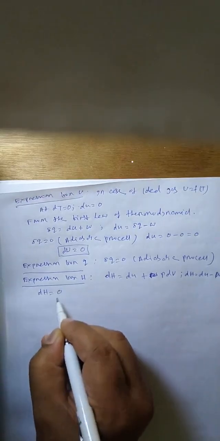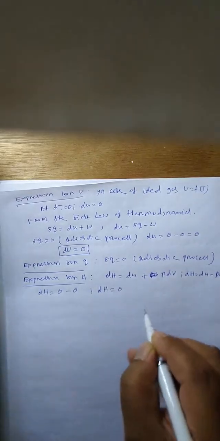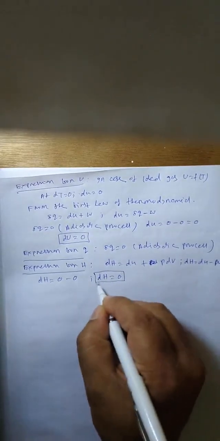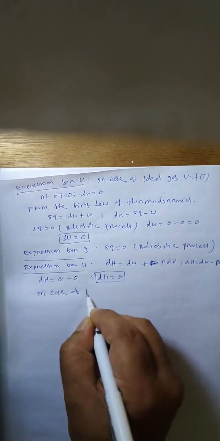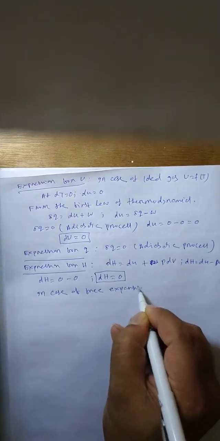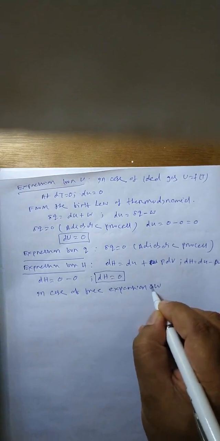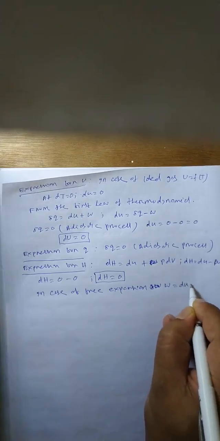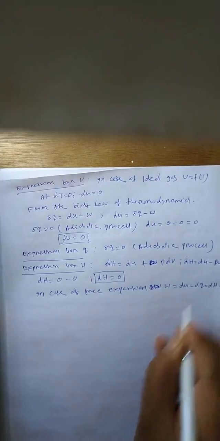dU is equal to 0, W is equal to 0, so dH is also equal to 0. So that means in case of free expansion, W is equal to dU is equal to dQ is equal to dH is equal to 0.